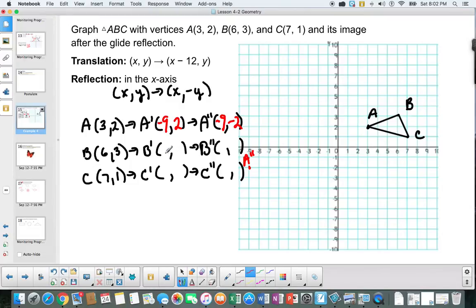Okay, for B, I'm going to again subtract 12, and that'll be negative 6, and then leave the y alone. And then on this reflection, I am going to change the sign of the y. So this is going to be negative 6, 1, 2, 3, and this is going to be B double prime.